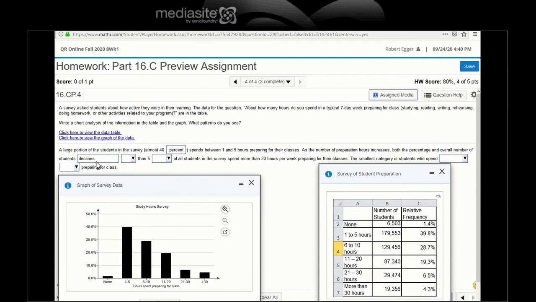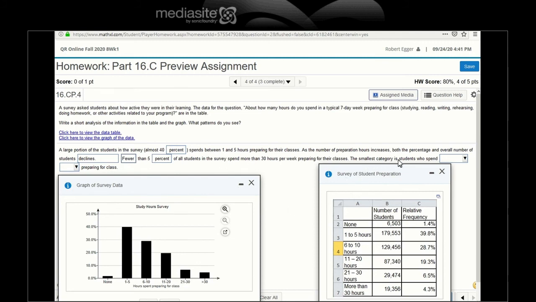Should be a period there. Oh, there's a period. All right, then something, then 5. Something of all students in the survey spends more than 30 hours on their class. All right, more than 30 hours. All right, so 4.2%. Okay, so looking at 5%, so fewer than 5% of all students in the survey spend more than 30 hours.